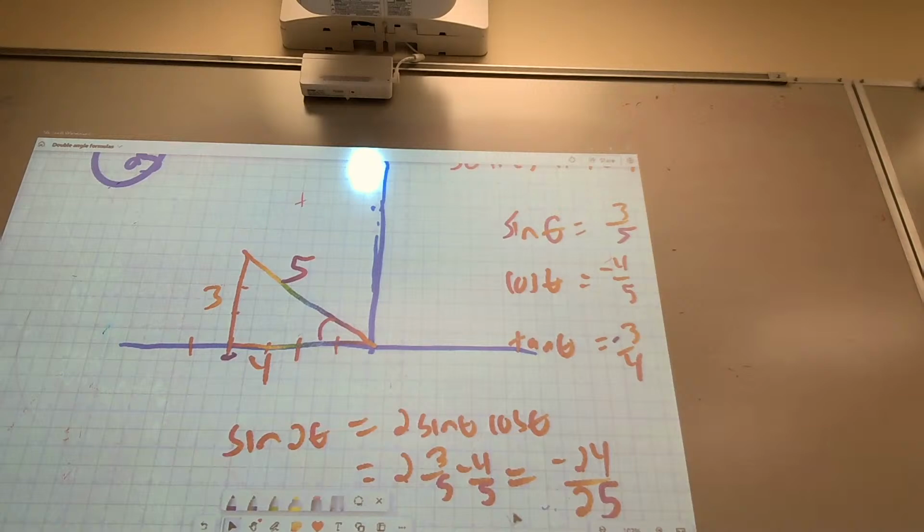Now let's do cosine 2u. Cosine 2u is cosine squared u minus sine squared u. So you're squaring the cosine, squaring the sine, subtracting one from the other.